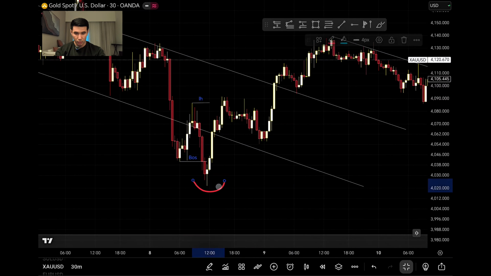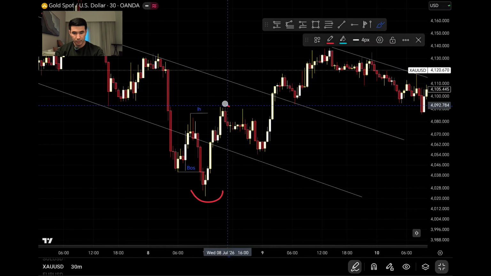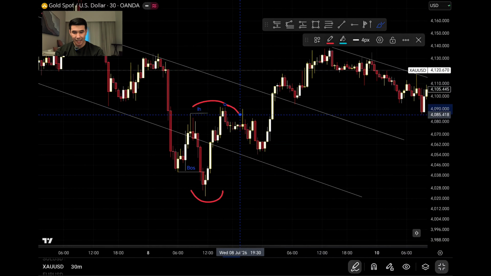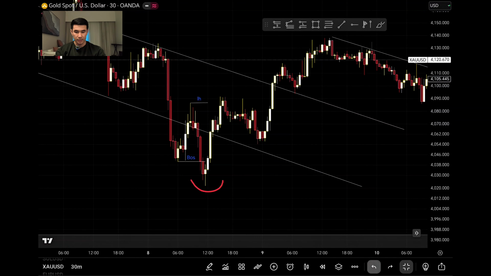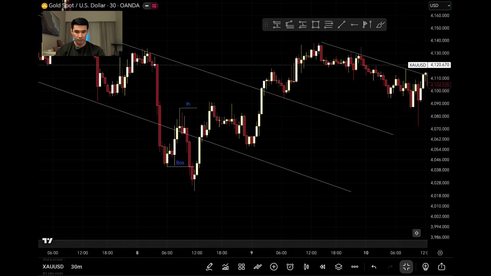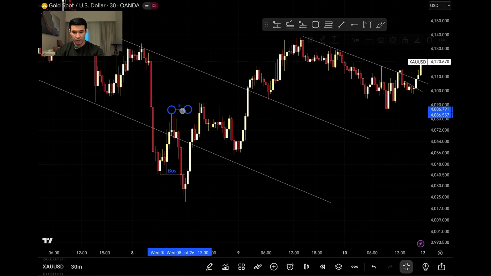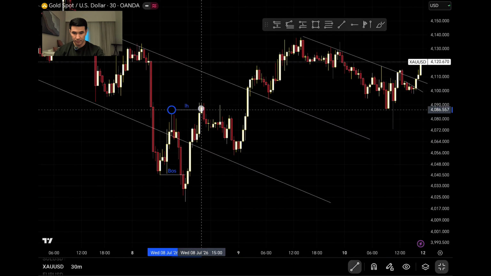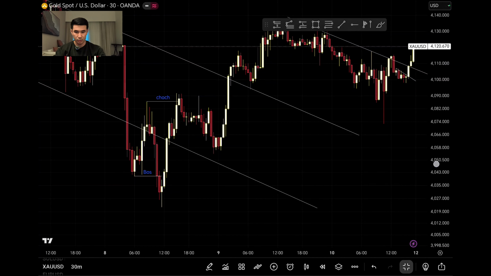Yes, the new lower low is here. Then this new lower low creates a new higher high, which is higher than the previous higher low. So now from sell, we are in the buy zone already. From sell we changed to buy, and now it becomes a change of character. Here is the change, which means change of character from sell to buy.